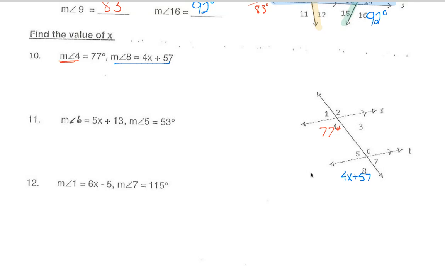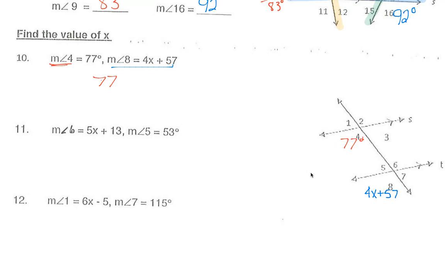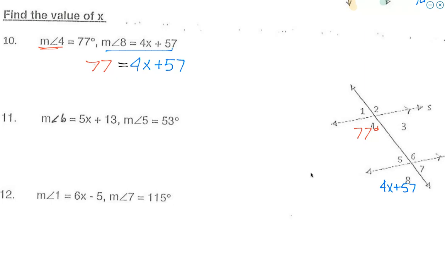In this case, we know that 4 and 8 are corresponding angles, so they should equal each other. So 77 should equal 4x plus 57. So we're just going to solve that real quick. So x equals 5.